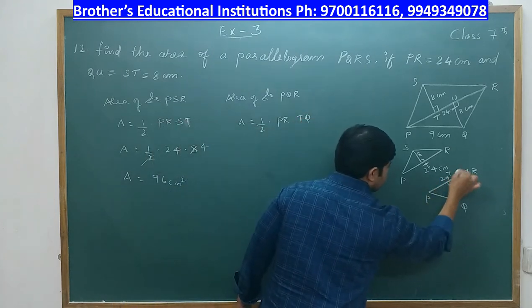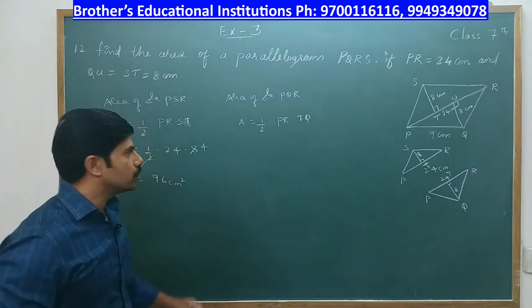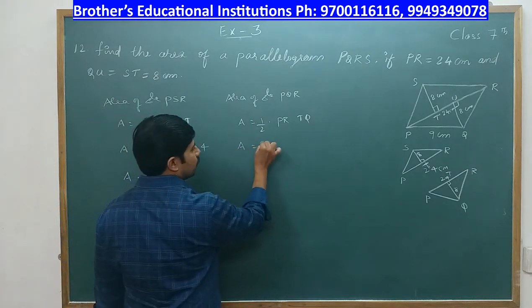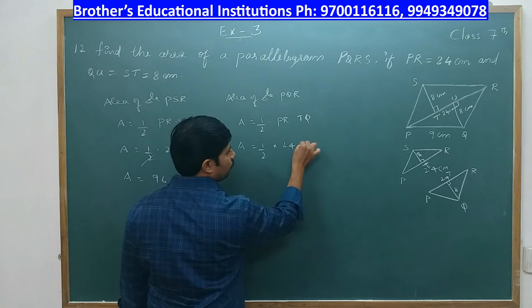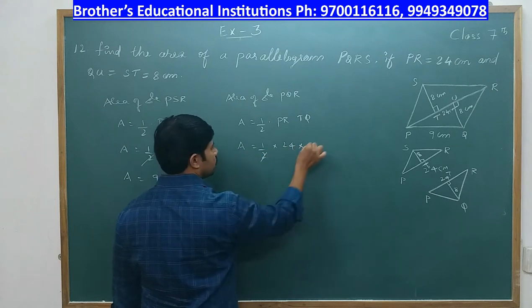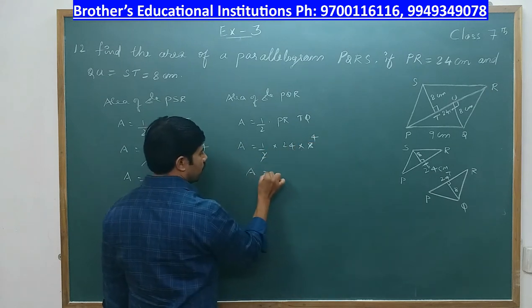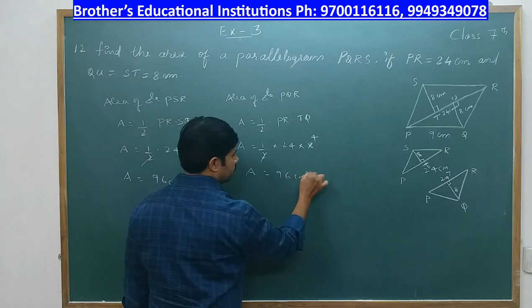TQ is the height. So area is half into 24 into 8. 2 ones are 2, 2 4s are 8. So area is 96 centimeters square.